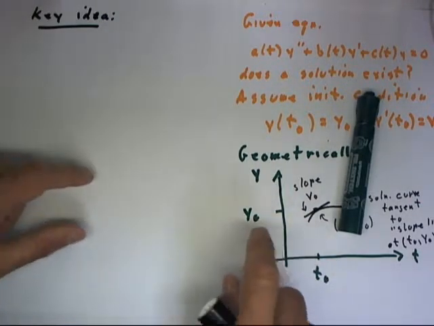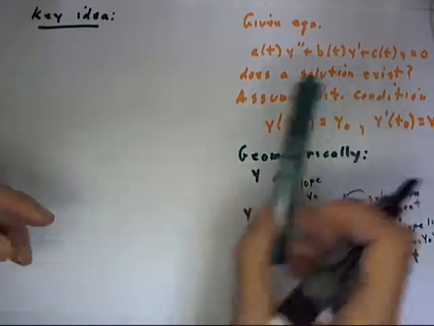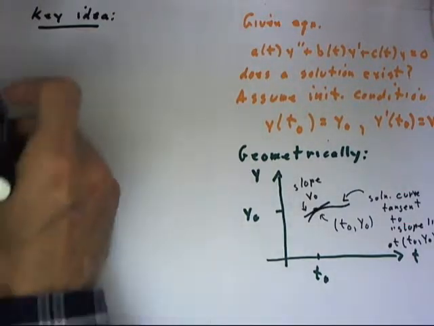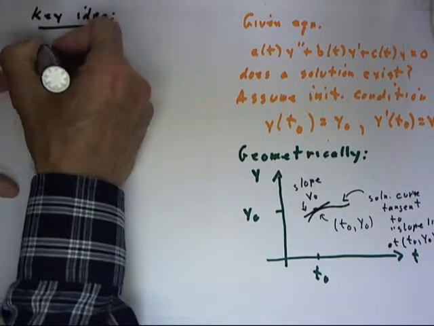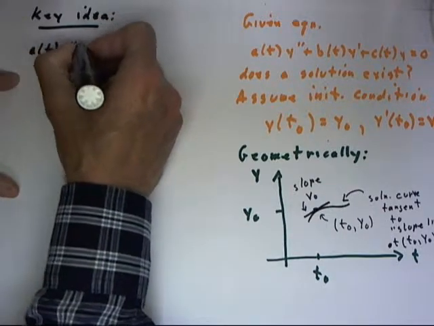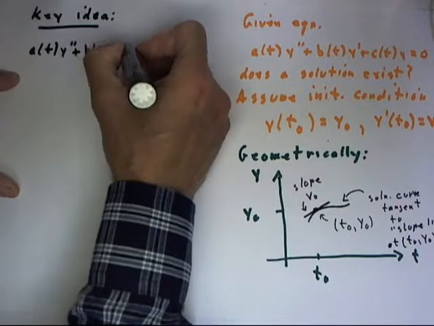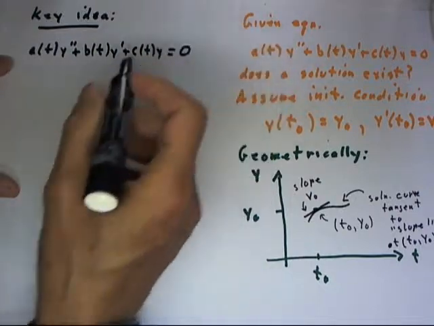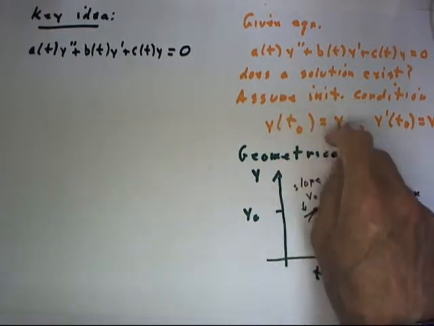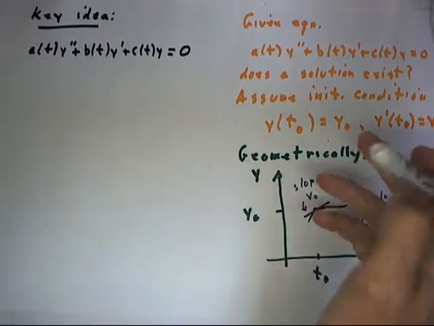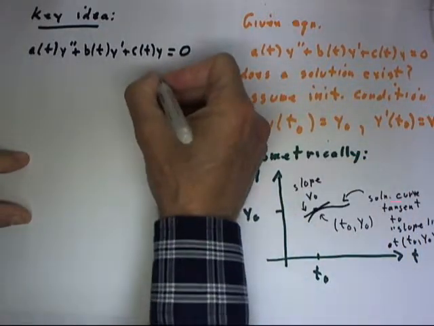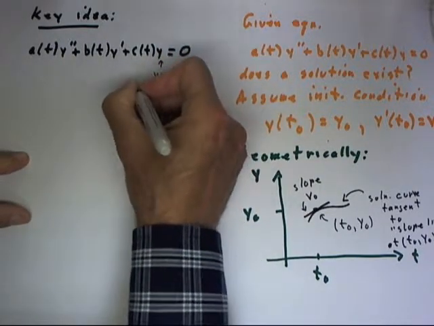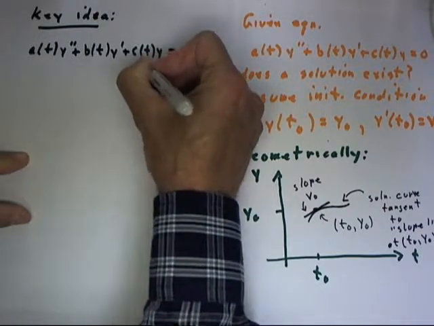The key idea is that in the equation a of t y double prime plus b of t y prime plus c of t y equals 0, our initial condition tells us, for this initial point, that y equals y naught when t equals t naught.